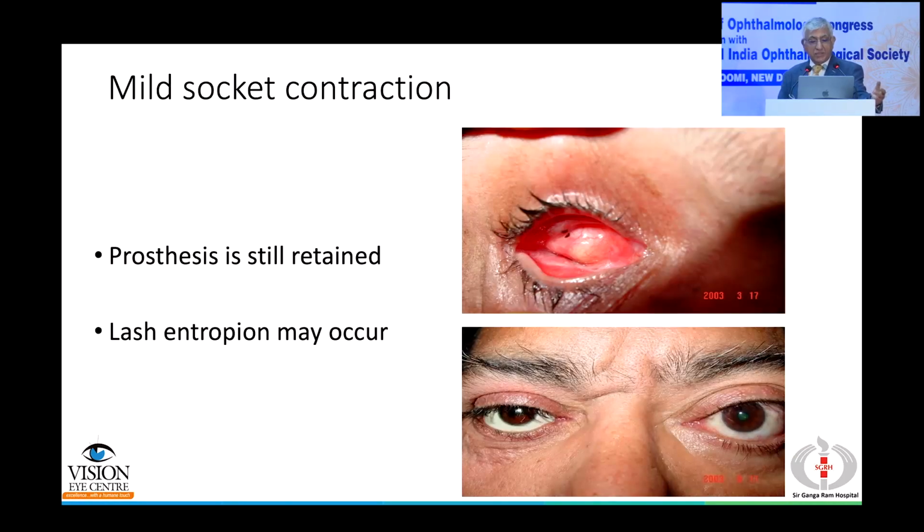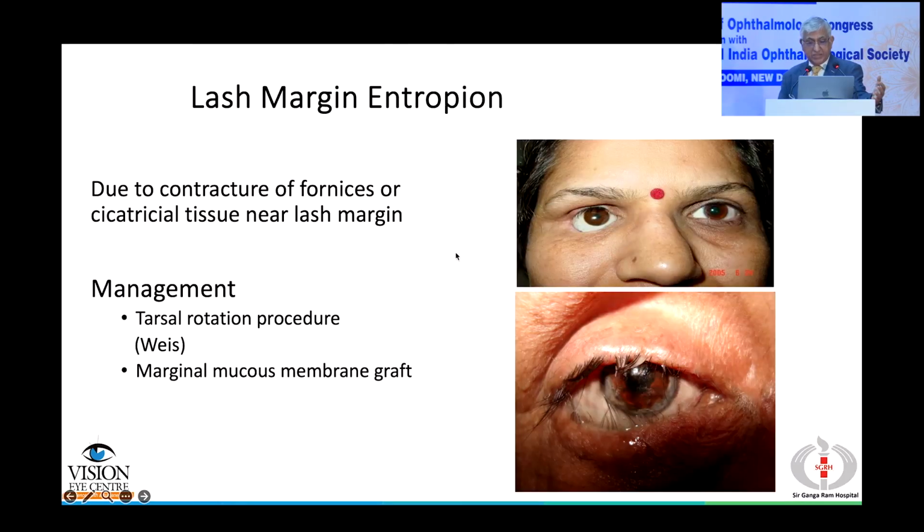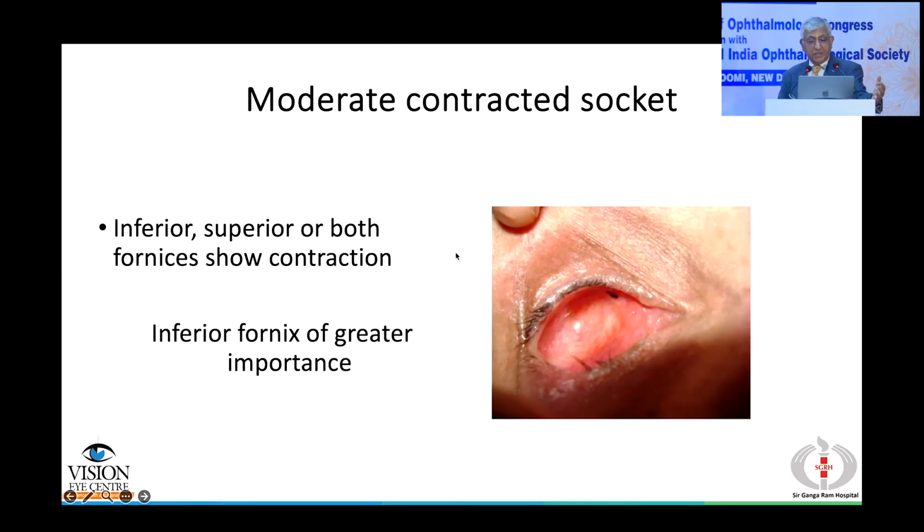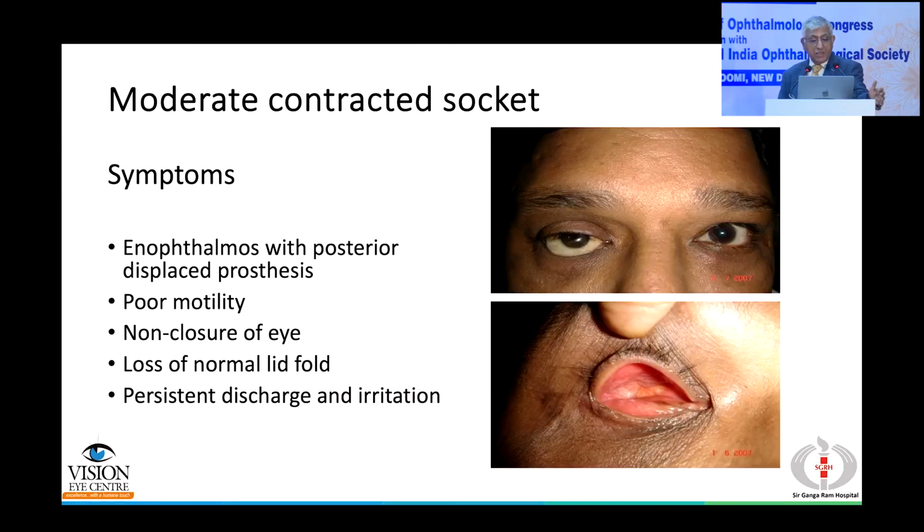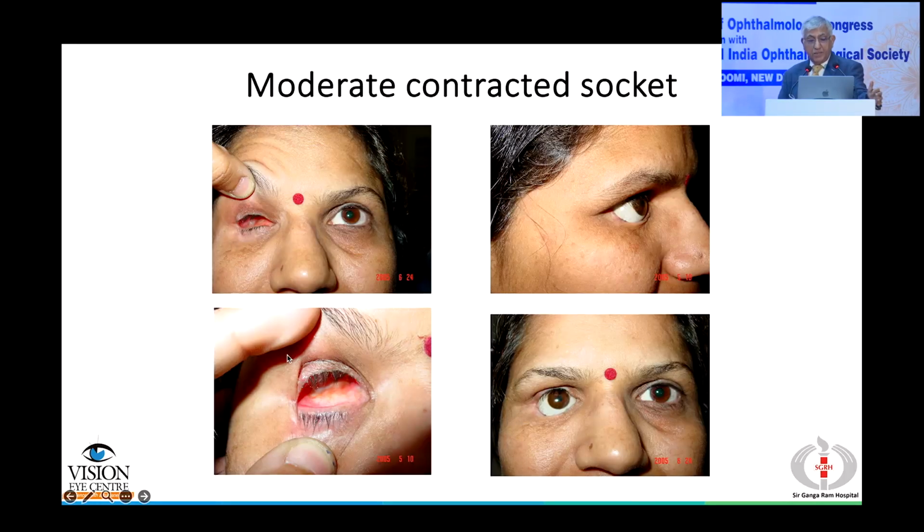Mild socket contractions can often be tackled by taking care of the lash entropion and modifying the prosthesis. But if there is a moderate contracted socket where the inferior, superior, or both fornices show contraction, with the inferior fornix being the more important one, with resultant poor motility, non-closure in lagophthalmos, and so on, these may require various measures.